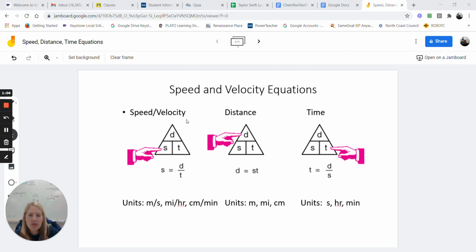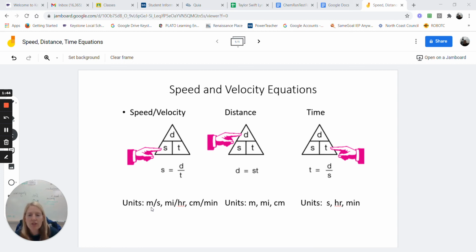Velocity is also distance over time, but as we learned, it also includes a direction. Since we will have a distance unit on the top, and we learned that distance could be measured in meters, miles, kilometers, centimeters, etc., and any sort of time unit on the bottom, seconds, hours, minutes, when we get our final answer for speed or velocity, it will have both a top and a bottom to the unit, just like when we talked about density and we would have grams per milliliter.